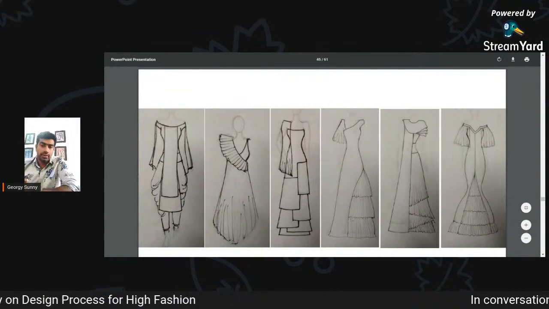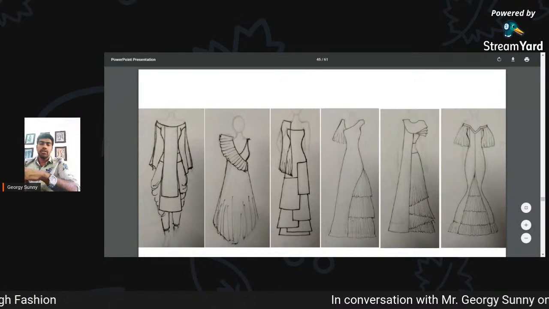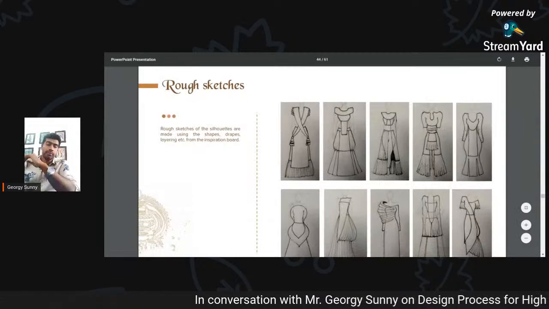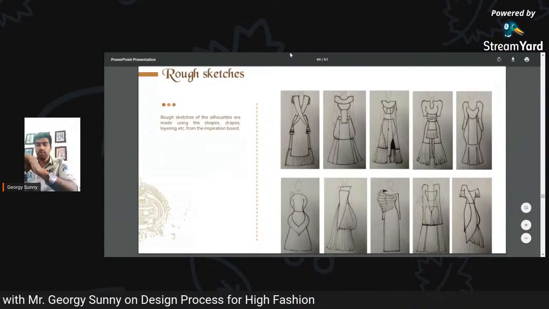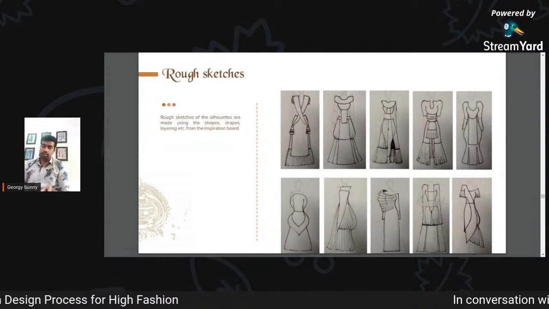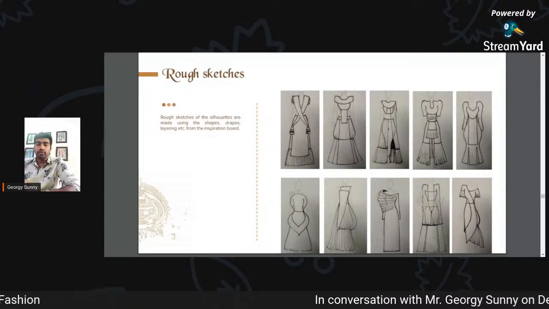Okay, so these are rough sketches. Before getting into that, no, previous slide, please. Okay, before getting into the rough sketches, I would like to tell a little more about the textures.